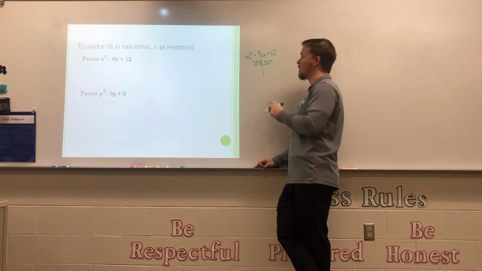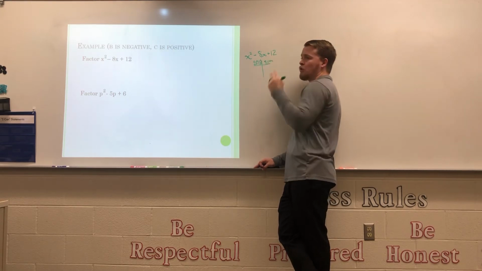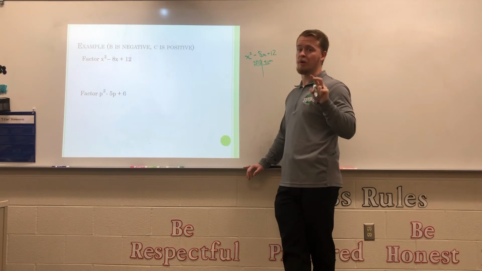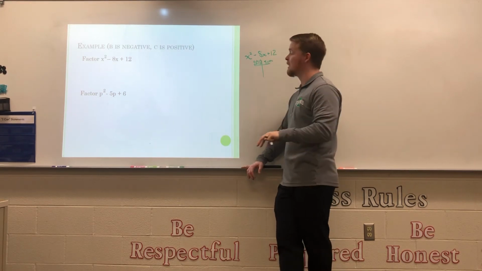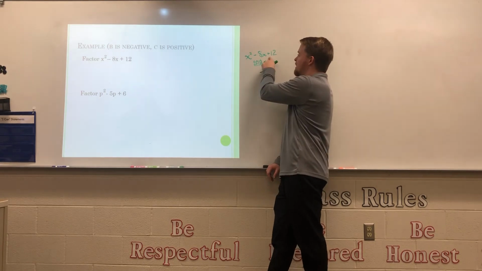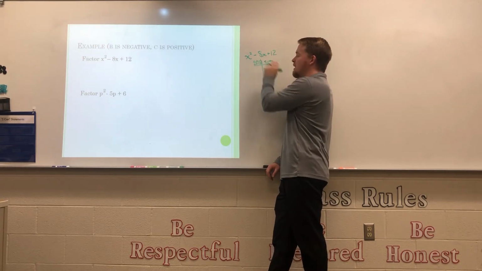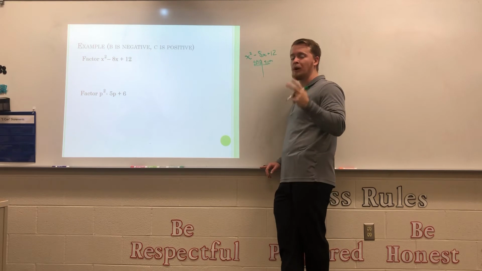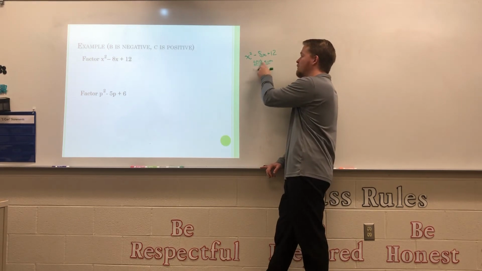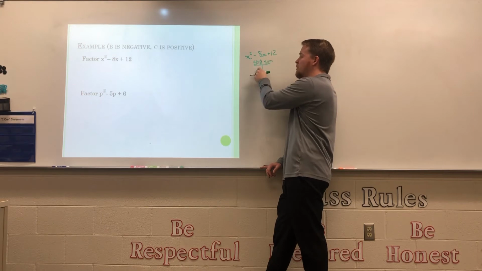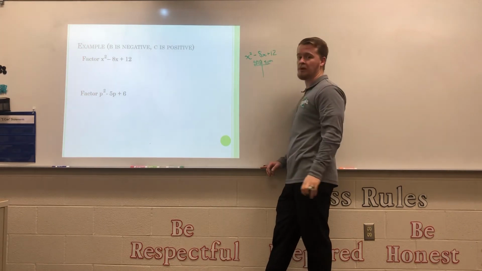So first of all, if we're multiplying to be a positive number, there's two ways you can multiply to be a positive number. You can multiply two positives, or you can multiply two negatives. So in this case, if we have a positive c but a negative b, that means your factors are going to have to both be negative, because two negatives make a positive when you multiply, but two negatives when you add just make a bigger negative.